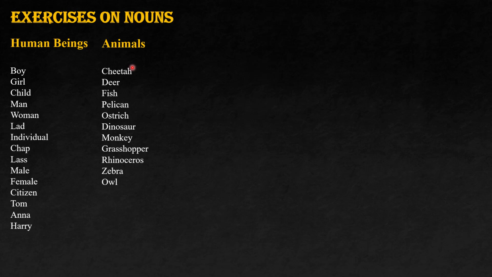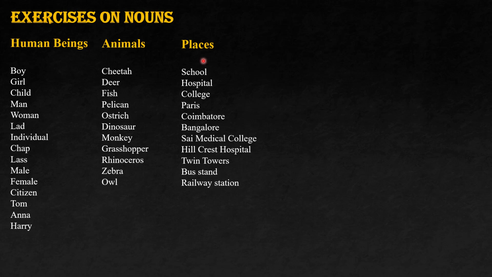For the animals, we have cheetah, deer, fish, falcon, ostrich, dinosaur, monkey, grasshopper, rhinoceros, zebra, owl. For the places, we have school, hospital, college.